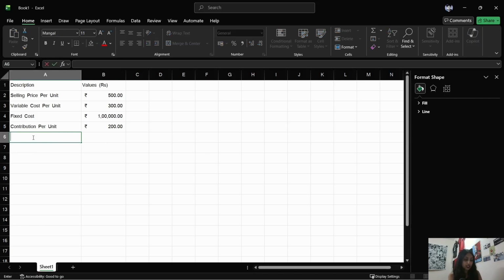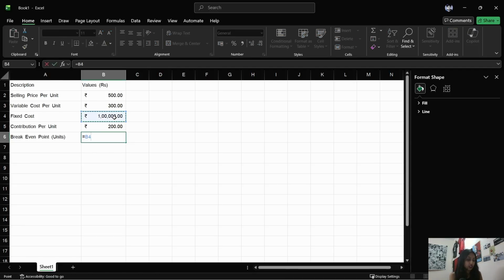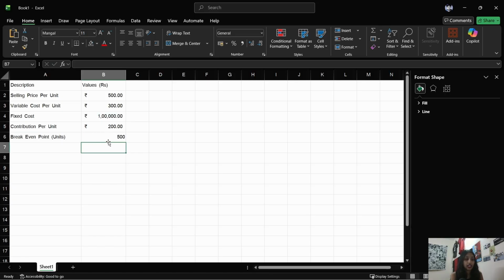And the next one is break even point in units, that is equal to fixed cost, that is 1 lakh, divided by 200 contribution per unit, and that is 500.